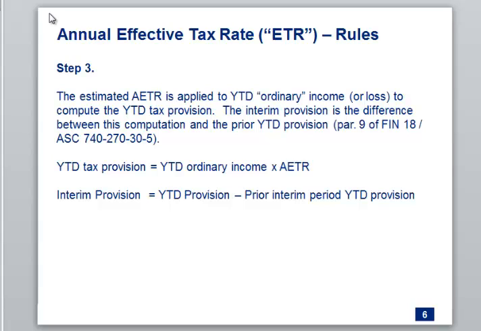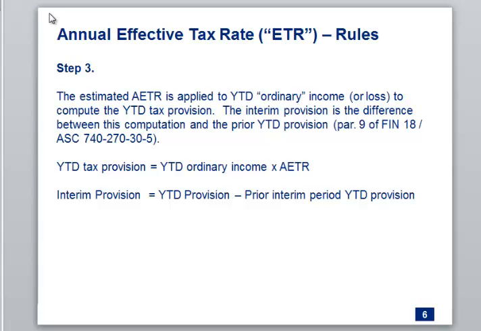Okay, step 3. So you came up with your effective tax rate. Now you're going to apply that effective tax rate to your year-to-date ordinary income. Okay, and I'll explain in a minute what ordinary means. So let's say that I forecasted my annual effective tax rate and it's 25%. I think at the end of the year I'm going to end up with a 25% rate at the bottom of my rate rec.